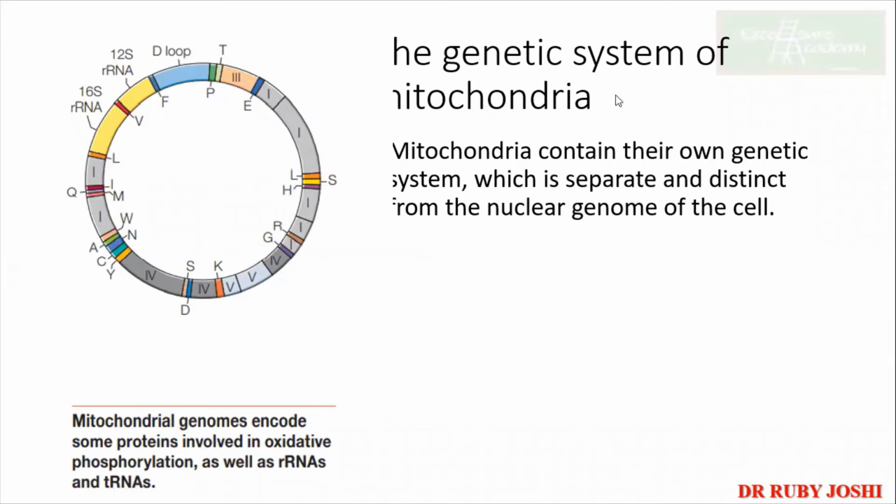Now, the genetic system of the mitochondria. Here you can see there are different genes which are very specific to the mitochondria. They encode proteins mainly involved in oxidative phosphorylation, the enzymes related to ATP synthesis, and it also has its own rRNAs and tRNAs.